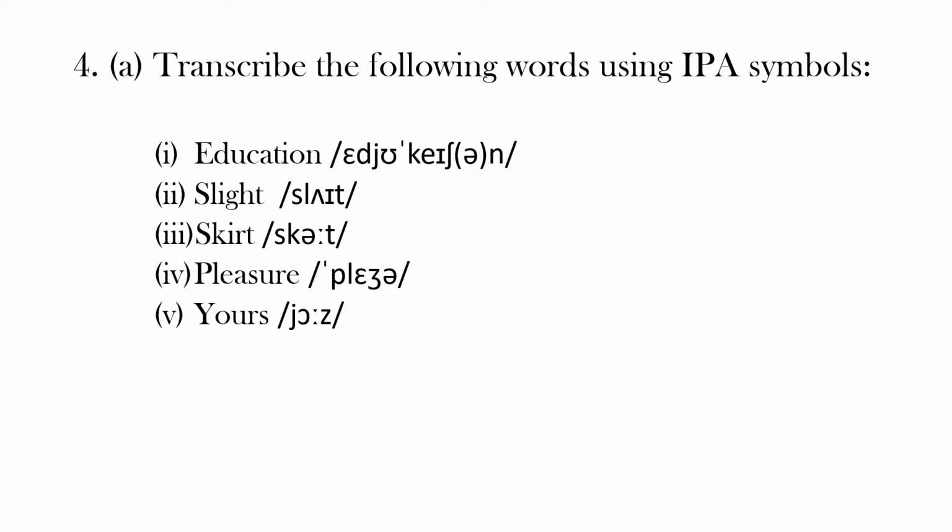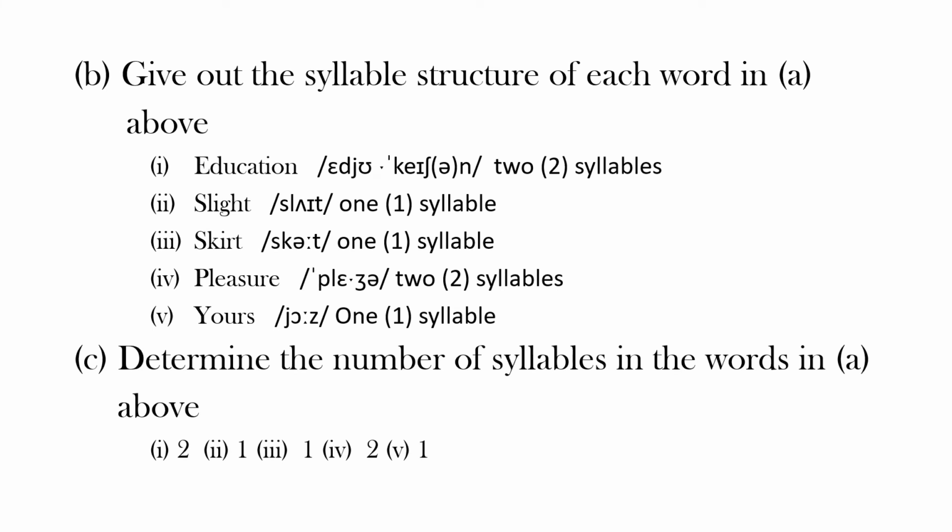Roman 5, yours. Look at the transcription, copy it as it is, and make sure it is within slash brackets. B. Give out the syllable structure of each word in A above.